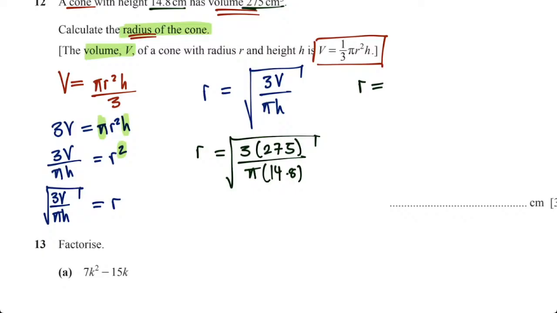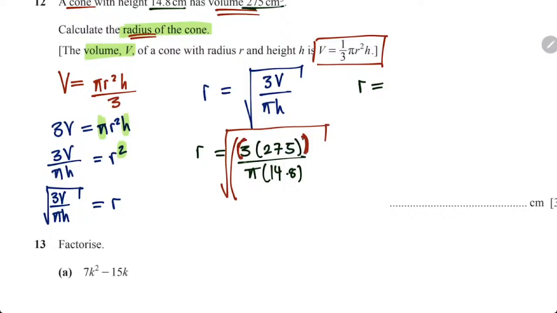Here's how you're going to punch it. You put square root, then you open a big bracket to say I'm now putting everything in the square root, because the calculator doesn't know. You open a big bracket, then you open another one. 3, then 275, close here. So these brackets are for things that are at the top.